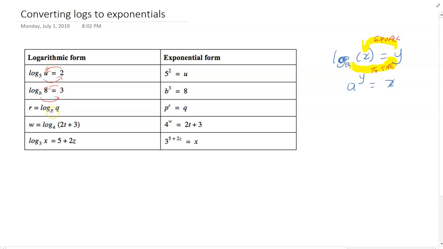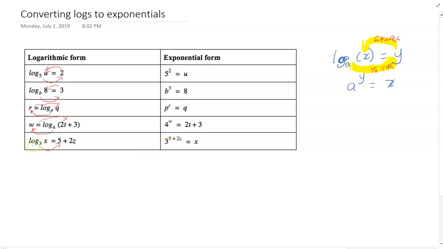Log base p of q equals r, so p to the r equals q, right? And log base 4 of 2t plus 3 equals w, so 4 to the w equals 2t plus 3, and we can always convert from logs to exponents using this form.